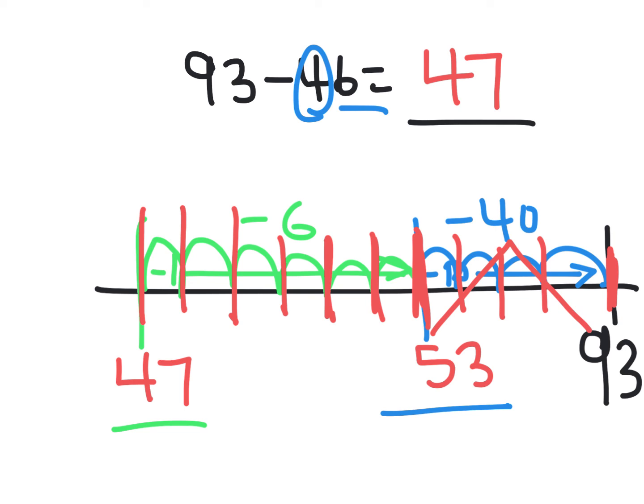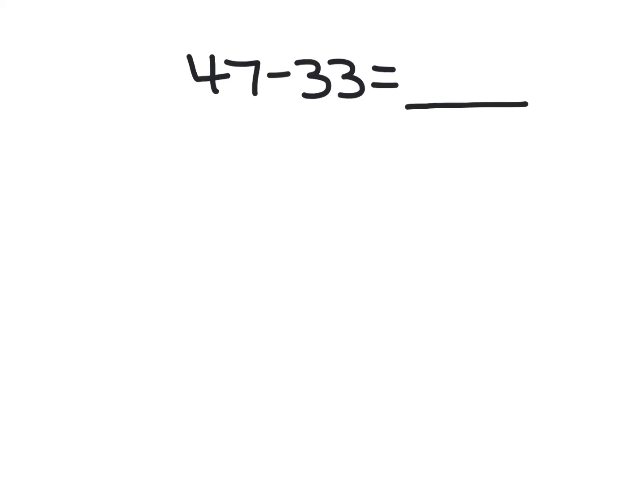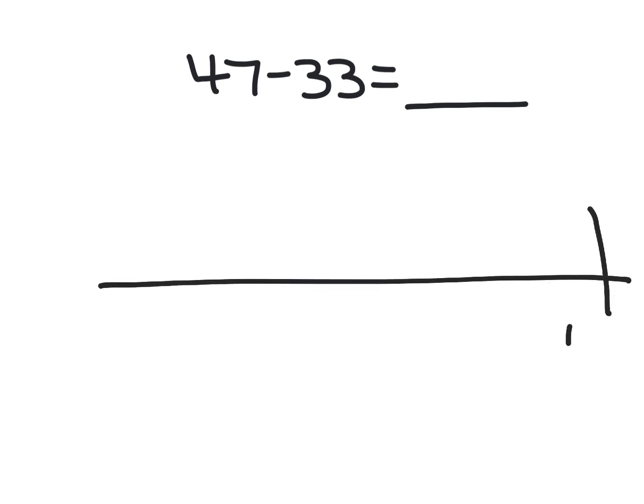One more problem to do. So clean off your board and let's get ready to do it. 47 minus 33. Go ahead and write that down. Make your open number line, and you'll start at 47.